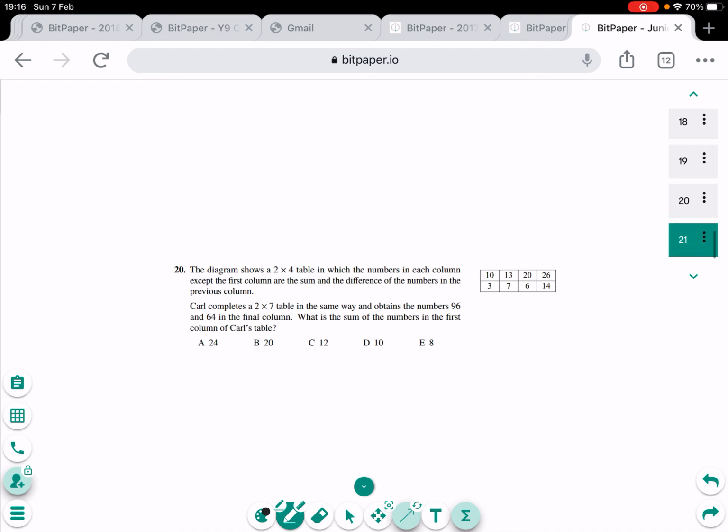For our last question here, it says this thing, and there's this graph thing, with 2 numbers 96 and 64.